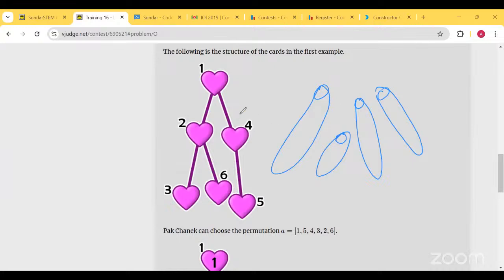For example, we choose this as the head. So it is allowed. So the result is 4. Or we take this and this, the result is 4 as well. But if we take this, the result is only 3, and so on. If we take this and this, the result is only 3.